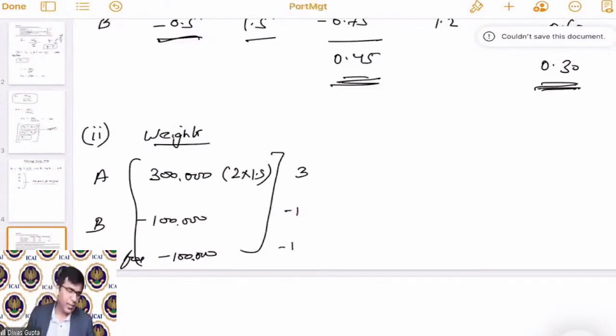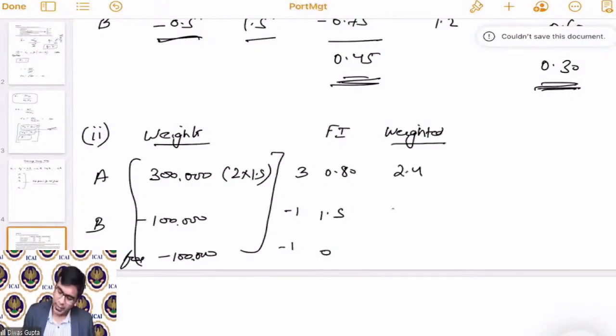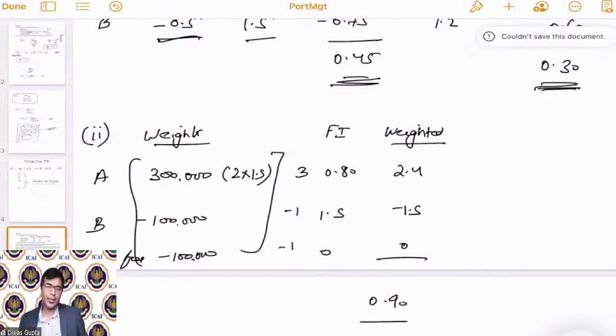Okay. We will just multiply this with the respective factor. So factor 1 is 0.80, 1.5 and 0. So this comes as the weighted amount of 2.4 minus 1.5 and 0. So this is 0.90 in totality, correct?